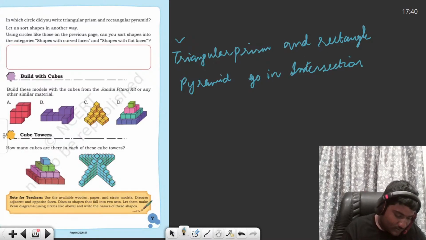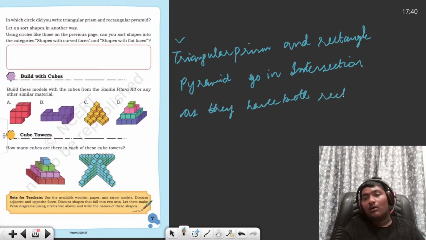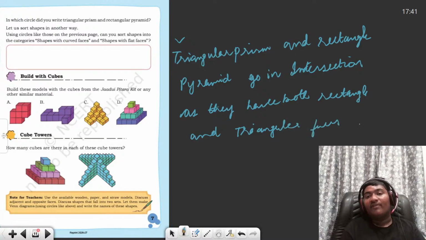Go in the intersection as they have both rectangular and triangular faces.